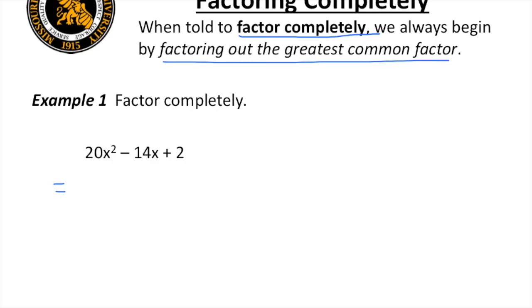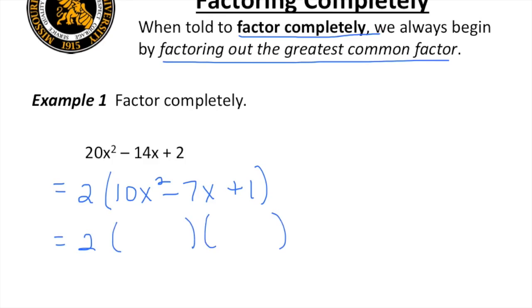Therefore, we can factor out a common factor of 2, leaving behind 10x squared minus 7x plus 1. Now we notice that we have a trinomial written in descending order. If this trinomial factors further, it can be written as a product of two binomials.